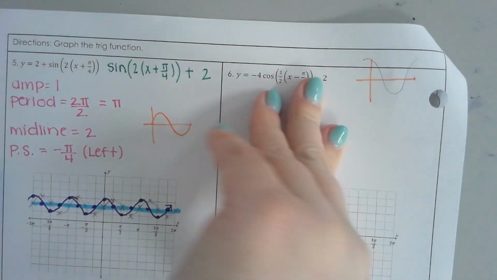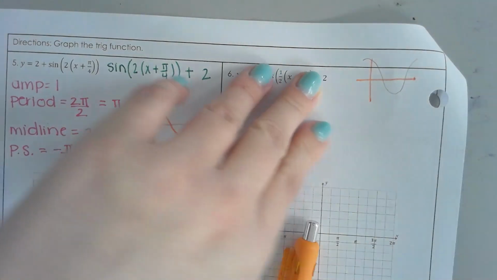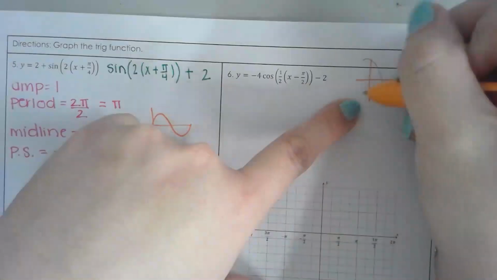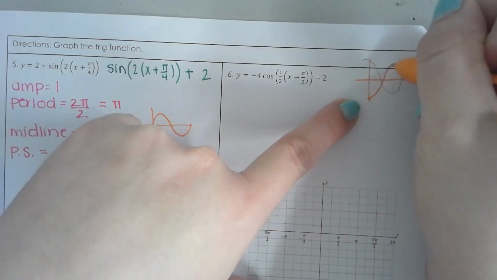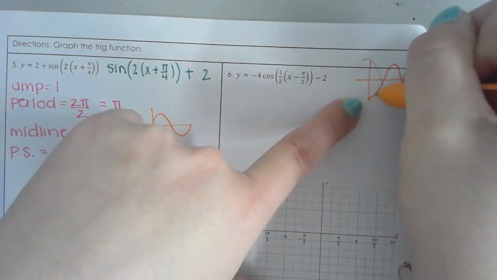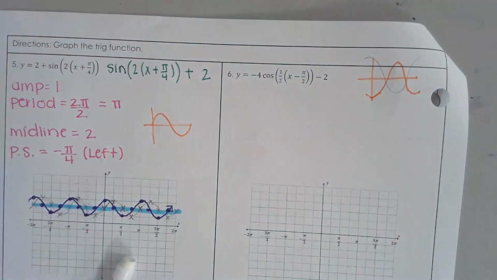It's almost like a U, but because it's negative, it's going to look like that. So that means my starting and ending is going to be at a minimum. The halfway mark is going to be at a maximum. And then the little halves are going to be on the midline.